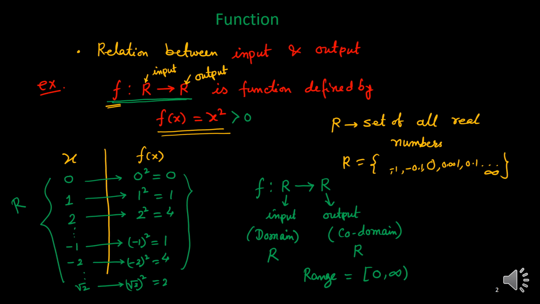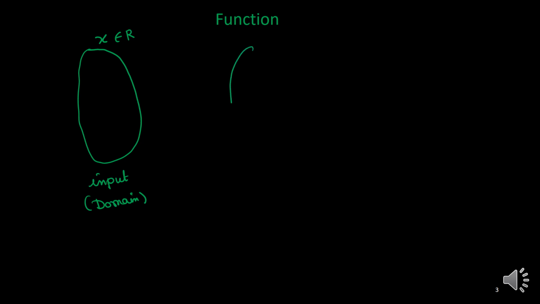I will consider this one. So this is one set. Don't be scared, I am discussing in a very simple manner. This is your x, all the x are real, so we call it the input or domain, and it is mapped to another set that we call the output or codomain.